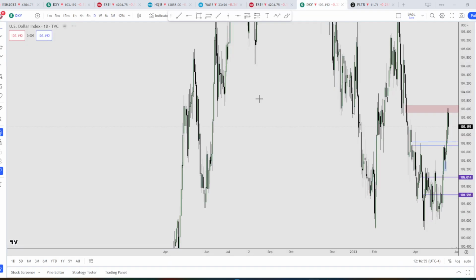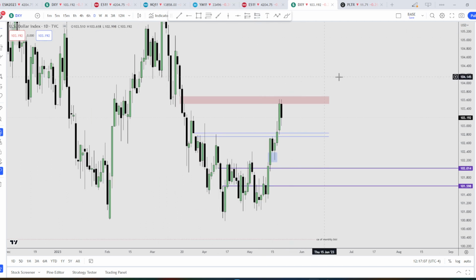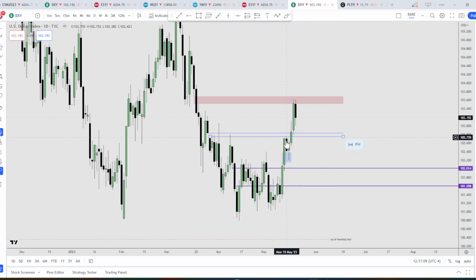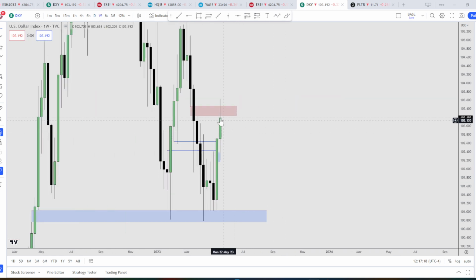For DXY, obviously we draw into this liquidity here. Okay, right now what I want to see is if price can be supported by this bullish order block. Okay, if you look at the weekly time frame, we have closed below the weekly CB.